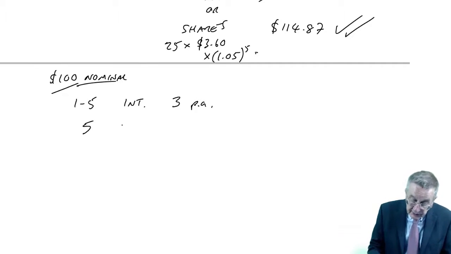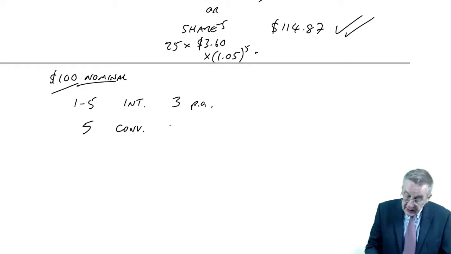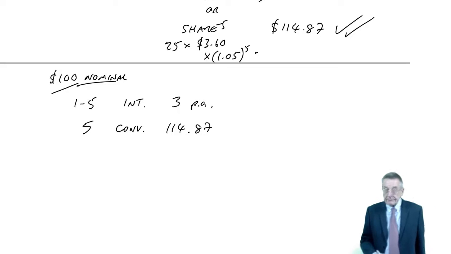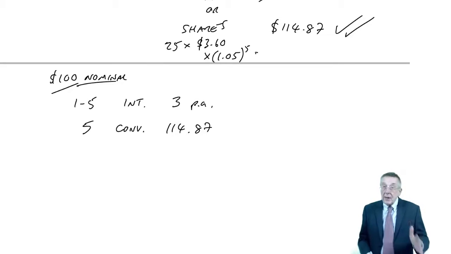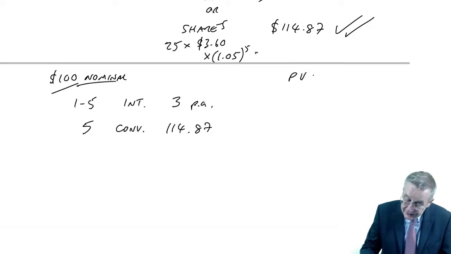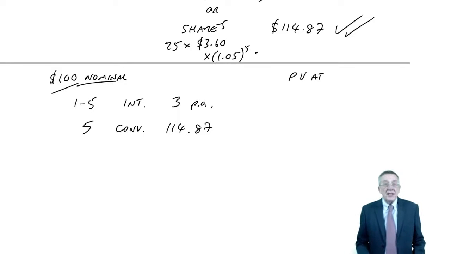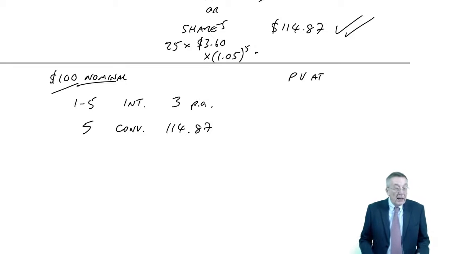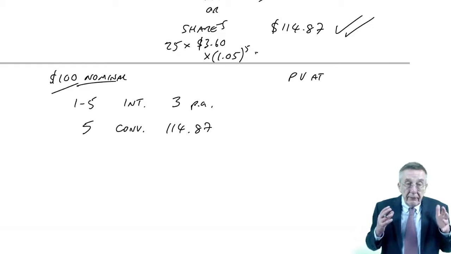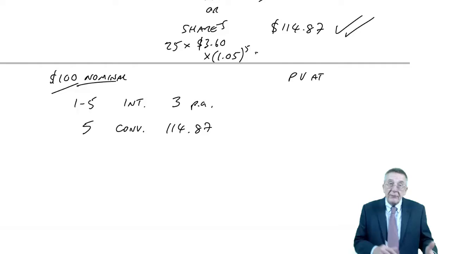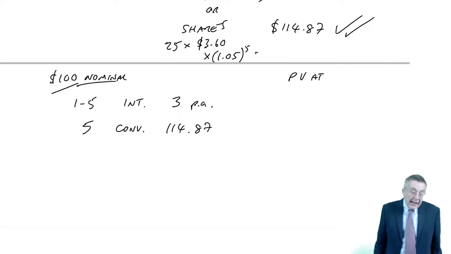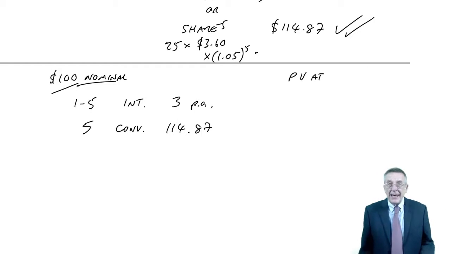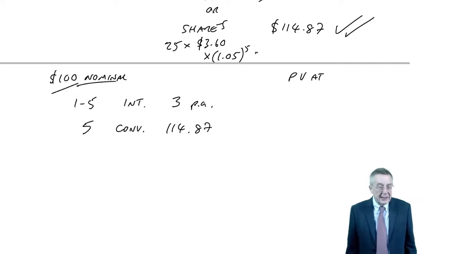In addition, in 5 years' time, we've decided they'll convert, and so they expect to receive effectively 114.87. Market value is the present value of those receipts, discounted at the investor's required return, and the return to investors is before tax. I hate the way he writes this, before tax cost of debt. It's a horrible way of writing it.